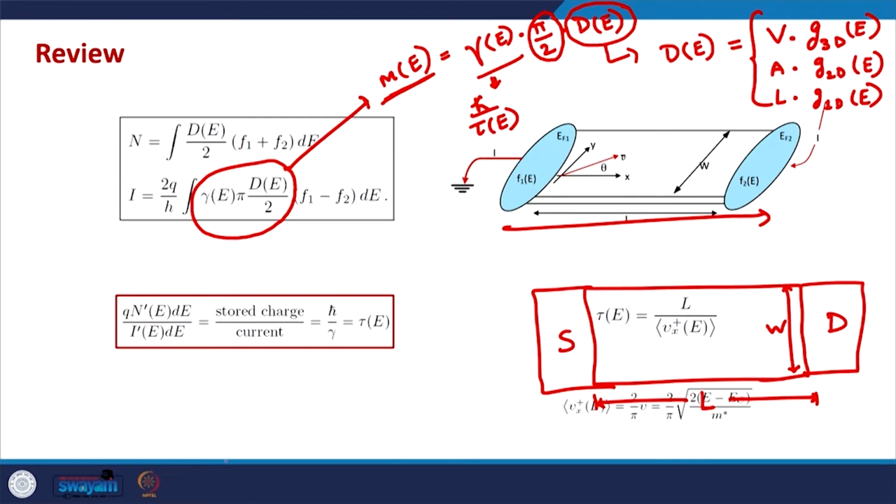So the ratio of the stored charge and current is essentially the parameter tau E.